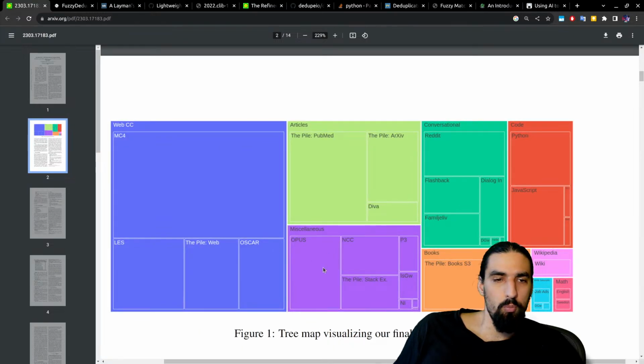We are using Opus ourselves. It's interesting how big of an impact Pile had as a dataset from EleutherAI. Python, JavaScript, some percentage, books.